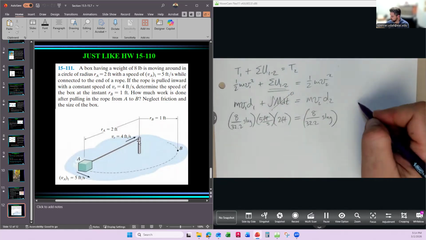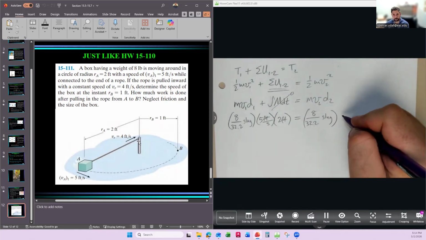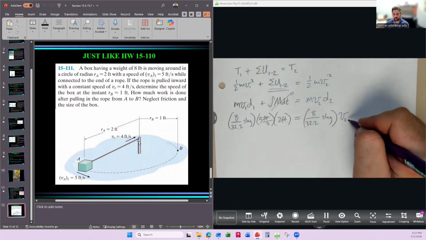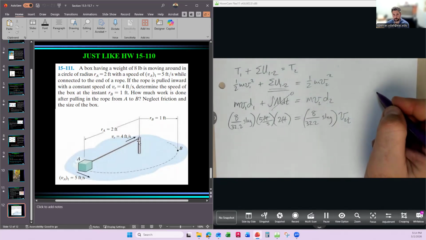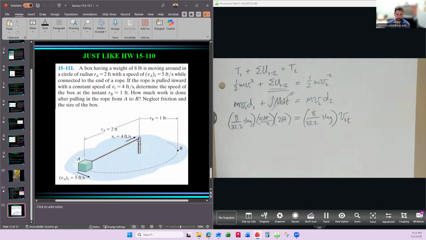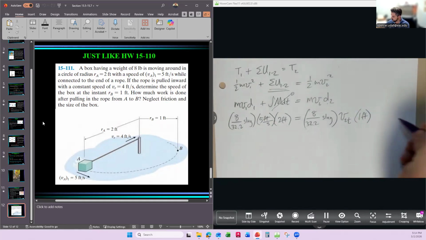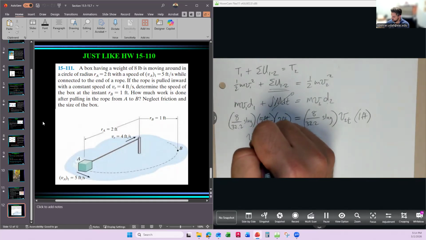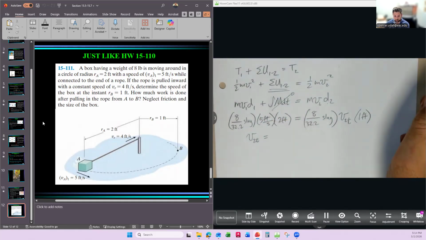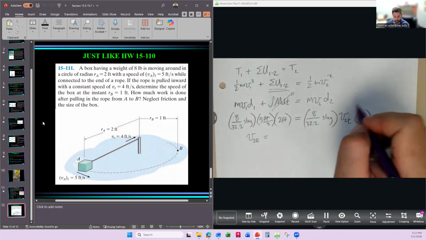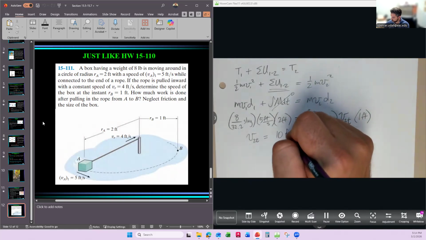And really those are going to cancel out, so we didn't need to put that much effort in, but that's all right. V2 we don't know, and that would be really the tangential velocity too. It also has the inward 4 feet per second, so we've got to be aware of that. And then the distance to that center of rotation is now 1 foot. So with that, we could get the tangential velocity 2 equals 10 feet per second. That's what we'll get there.